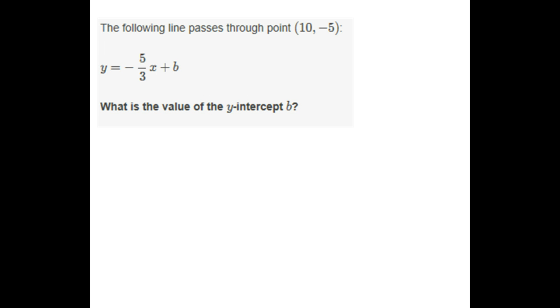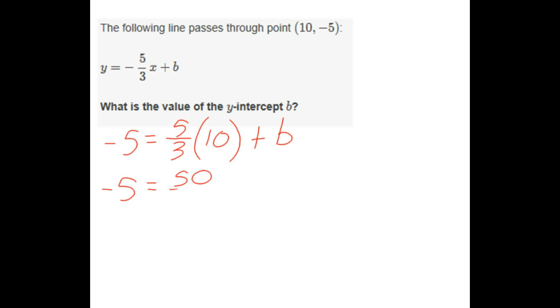Here, substituting again, negative 5 is equal to 5 thirds times x. X is 10, and then add b. So I get negative 5 is equal to 50 over 3 plus b. How do I get rid of the 50 thirds? I have to subtract the 50 thirds.